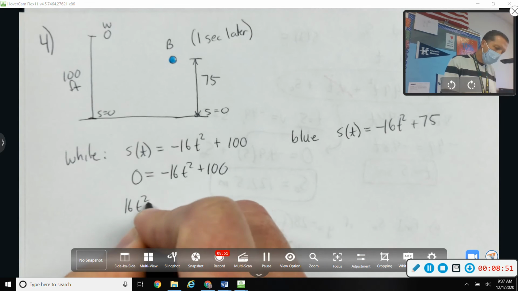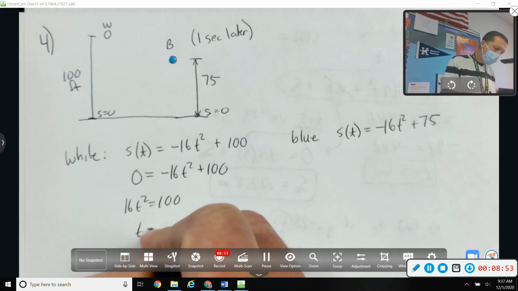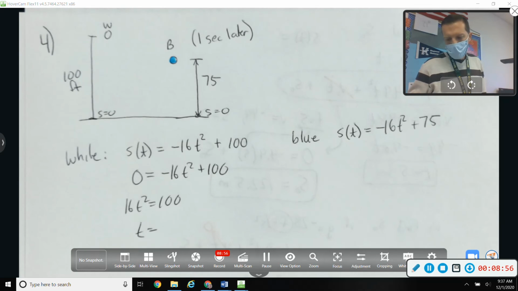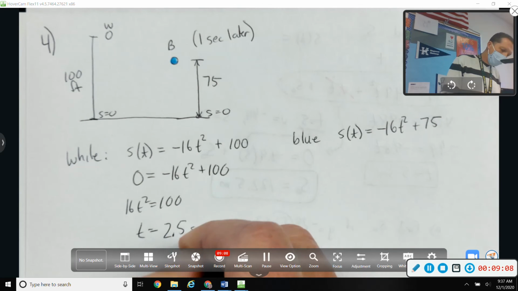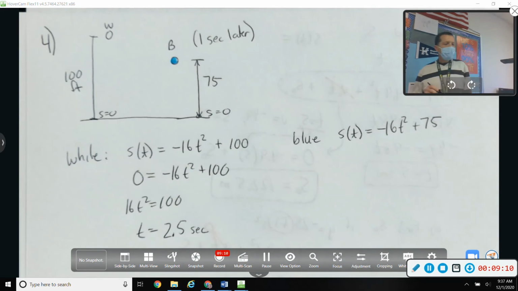So move things around. So 100 divided by 16, and then square root of that. Again with the plus or minus, but it can't be minus, so the white one hits the ground 2.5 seconds after we start the experiment.